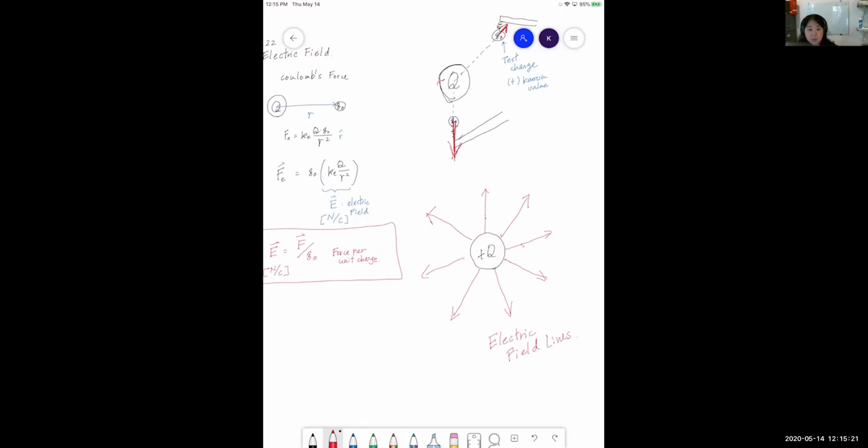You see there are direction arrows, right? It's outward. So for positive Q, the electric field lines are radially outward.